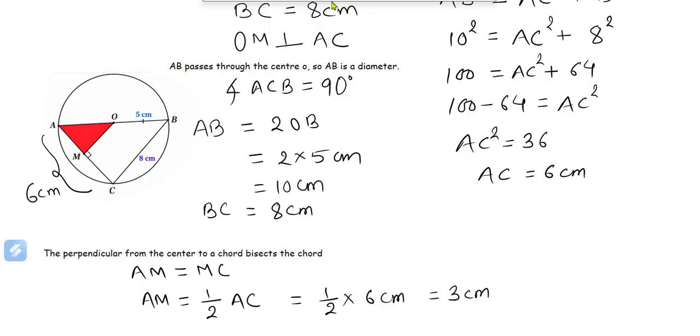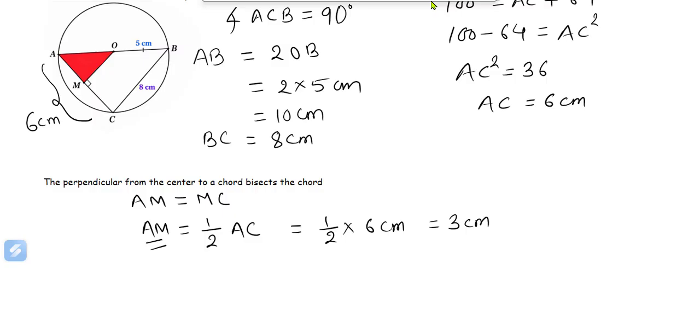So this is the value of AM. This AO is also a radius, so that should be 5 centimeter. Now we have 5 centimeter here and this is 3 centimeter.